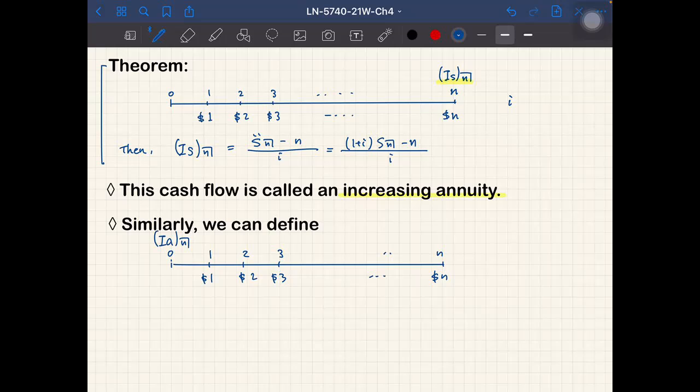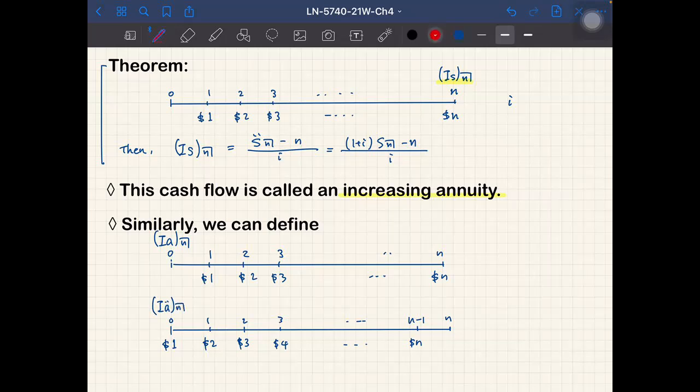And also the double dot version: if payments start at time 0, $1, $2, $3, $4, up to $n at time n minus 1, and at time n no payment, then this present value is called (Iä)‾n, and the accumulated value at time n we define as (Is̈)‾n.